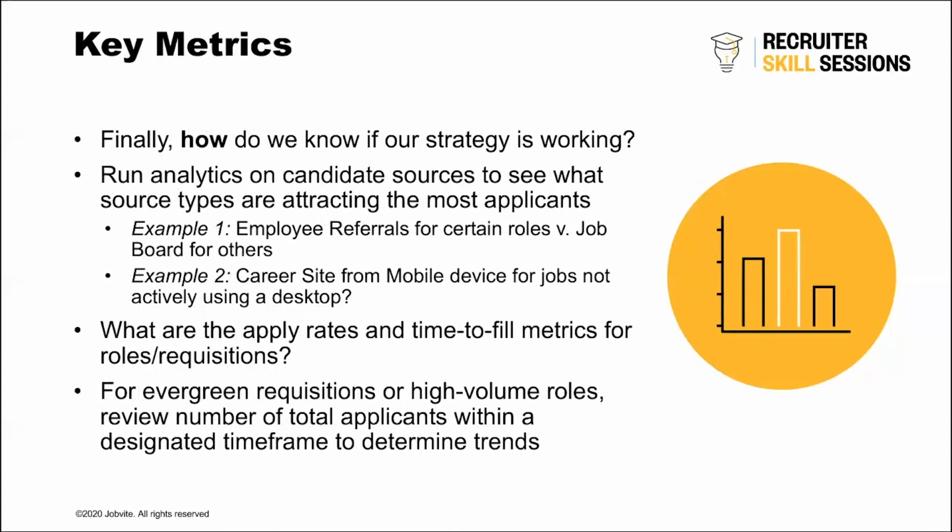Finally, the last and maybe one of the most important questions is determining if your strategy is working. So if you're using a CRM tool like Jobvite Engage and you're able to import contacts from all of your different campaigns or events, and notice I am saying contacts, not candidates, because they haven't actually applied yet.